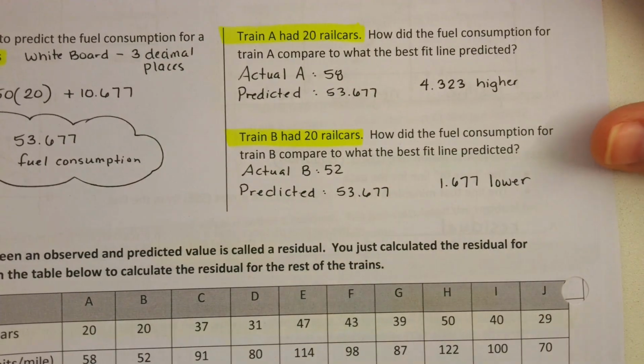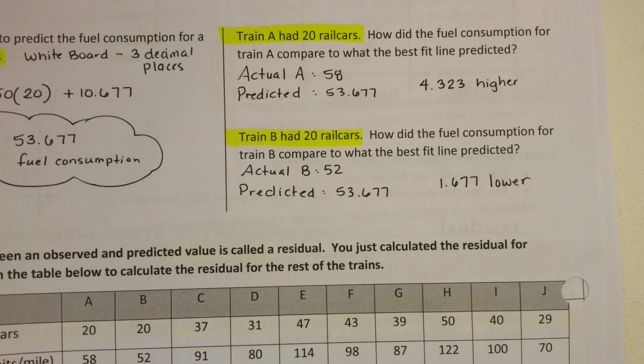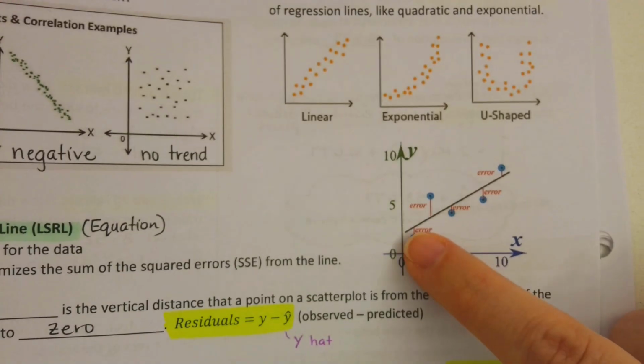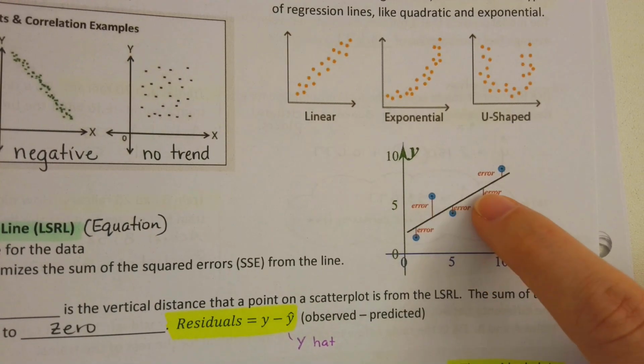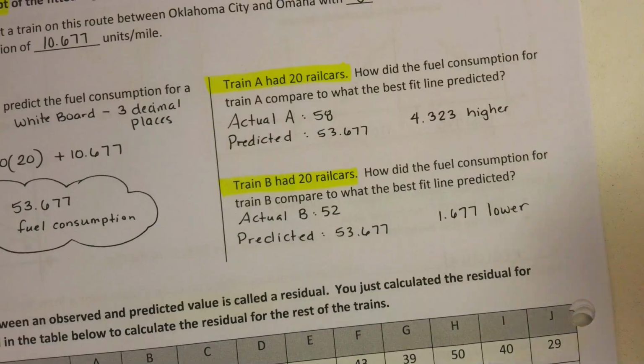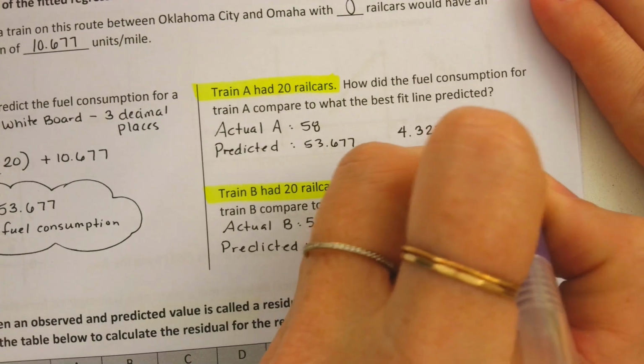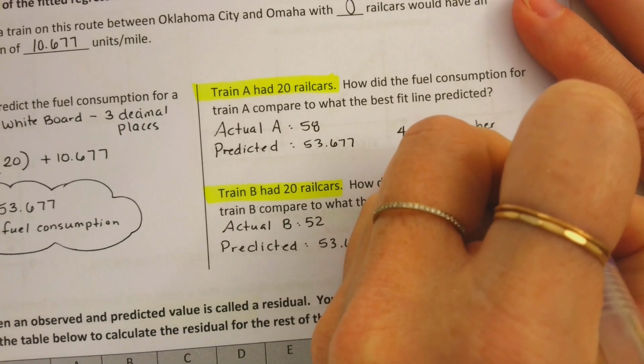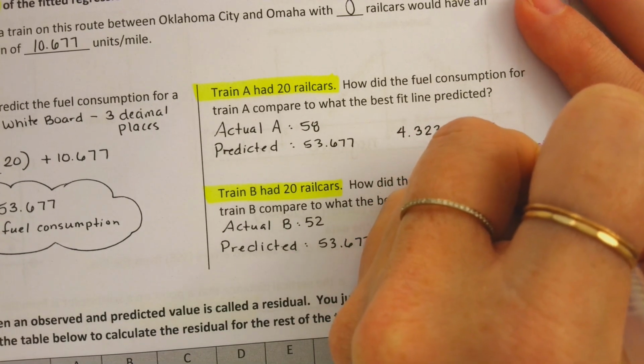Okay. These little guys that we just found, these are what are called the residuals. It's how far away each point is from that prediction line. So what we're making next is a residual table of values, and then we'll use that to create a residual plot.